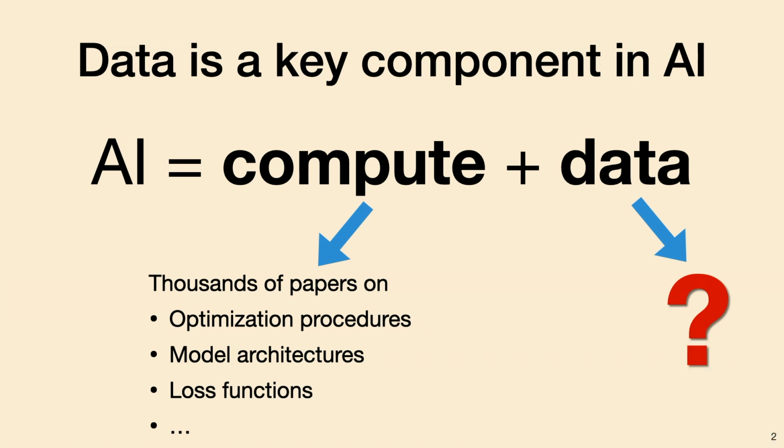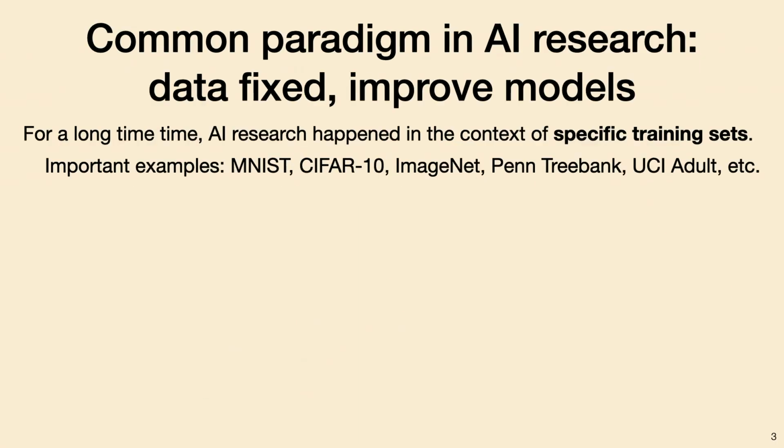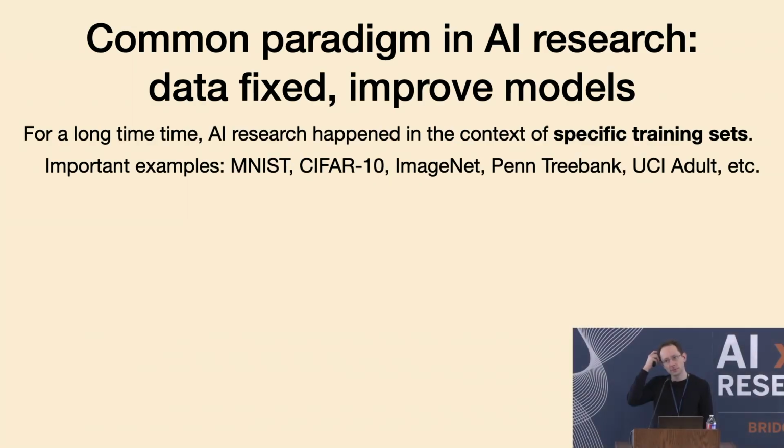And just to give you a little bit of background, why is it that in AI research, we traditionally focus more on the compute part and less on the data part? To understand that, it's good to think about what is the main experimental research paradigm in machine learning. And basically, one of the key drivers of progress over the past 20 years in AI has been sort of like a rigorous benchmark-driven approach to model development.